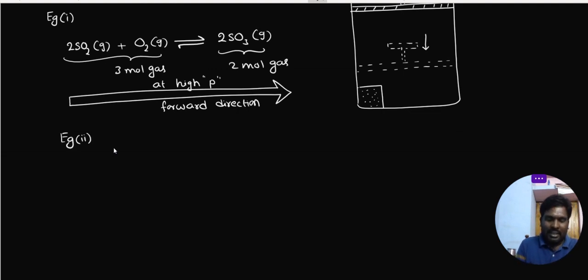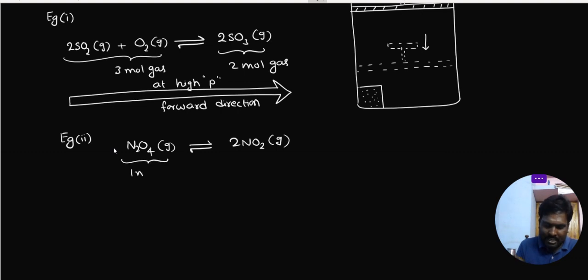Now, example 2: N2O4 gas giving rise to 2NO2 gas. How many moles of gas on the left? 1 mole. How many on the right? 2 moles.